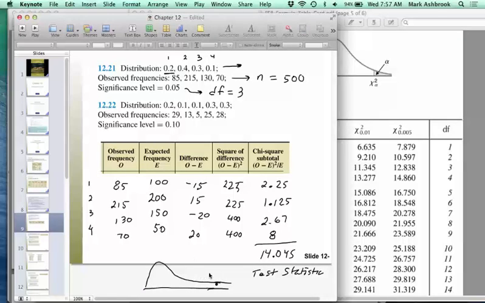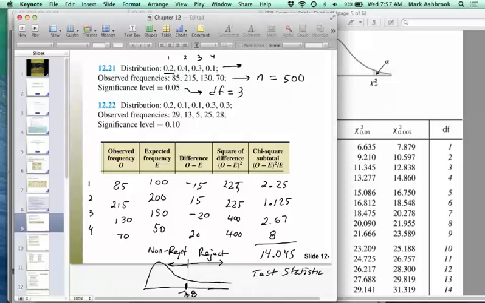Our critical value was like 7.8. Over here is our rejection region. The bigger this number gets, the more likely the frequencies are different. At a 5% significance level, if we exceed 7.8, there's some evidence that the distributions are different, and if it's less than, we're not going to reject.